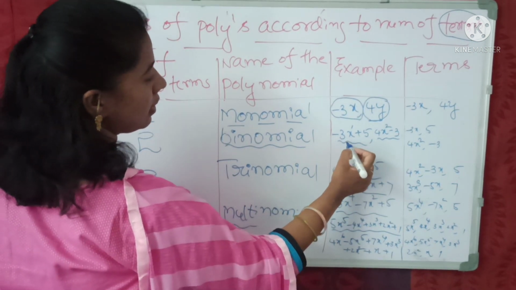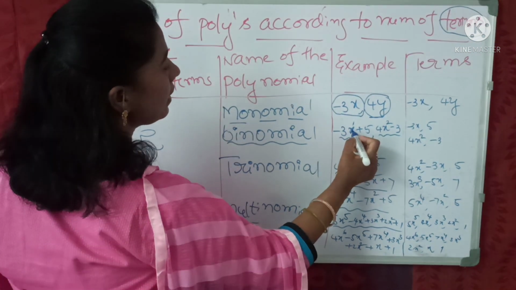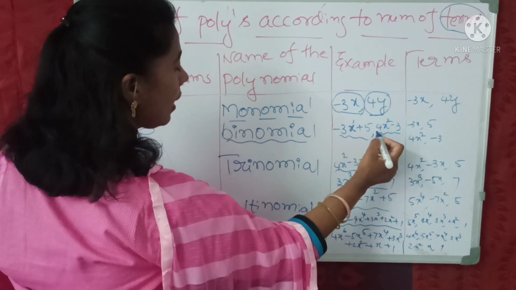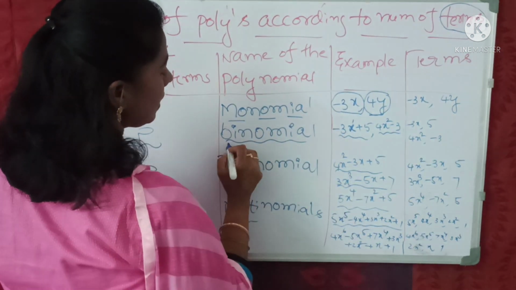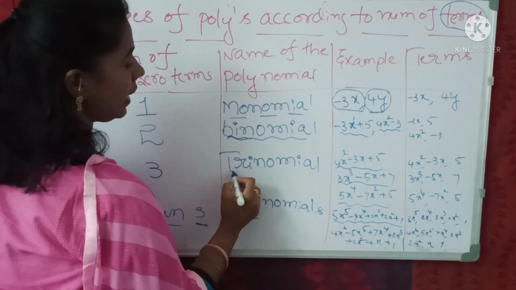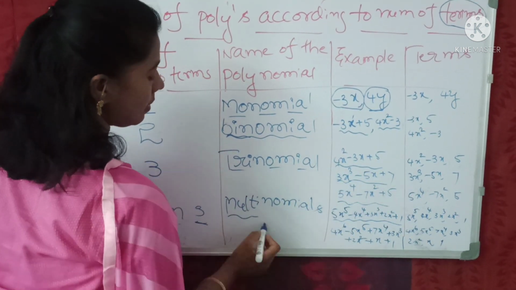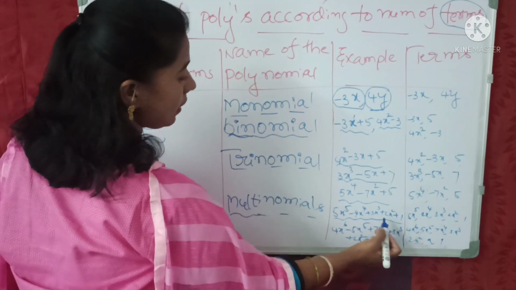In these examples, I take the power of x as 1 and in this example as 2, but we still have only 2 terms. In a trinomial we can choose only 3 terms. In a multinomial we can choose more than 3 terms.